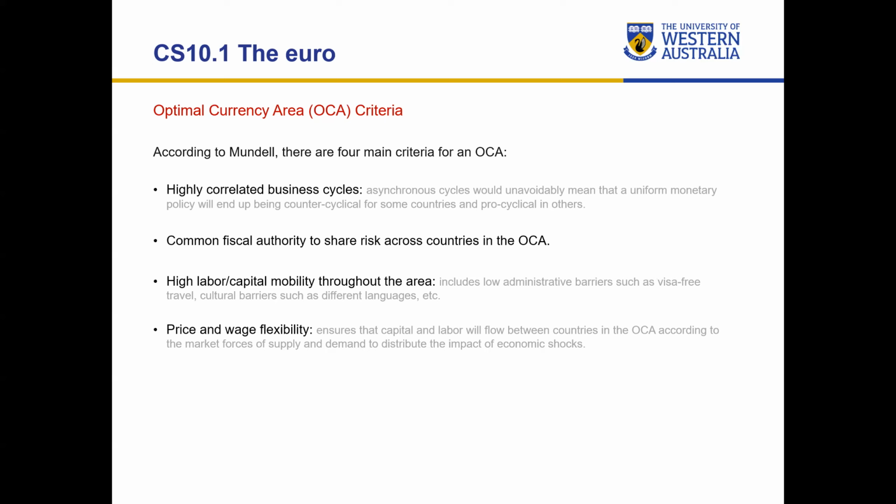So if prices fall and wages fall, then it means people and foreigners can buy a greater quantity of goods and services in your country, which then is going to increase real GDP and help move you out of the recession that you're in.